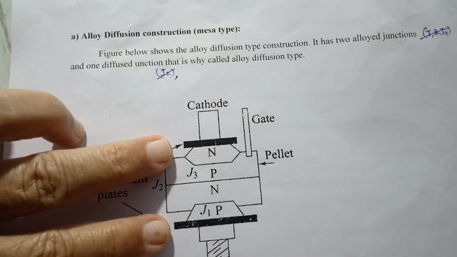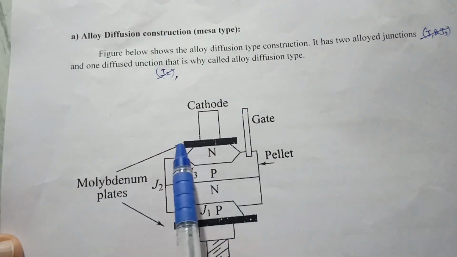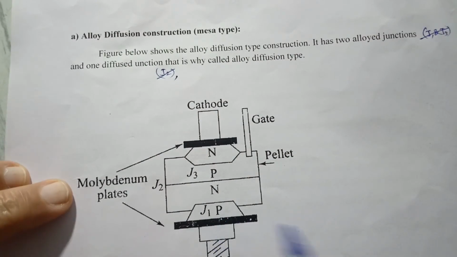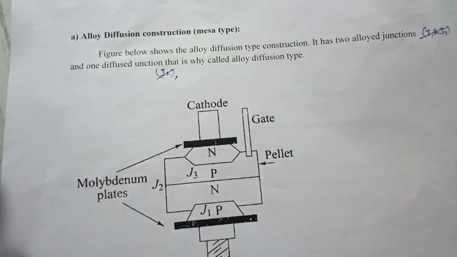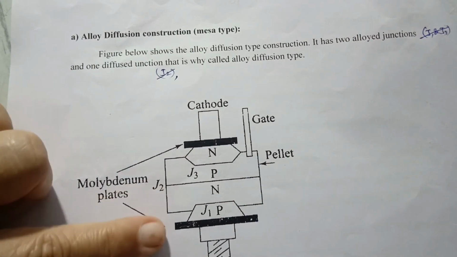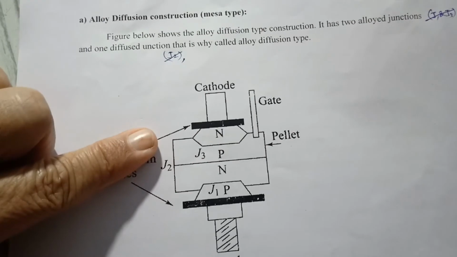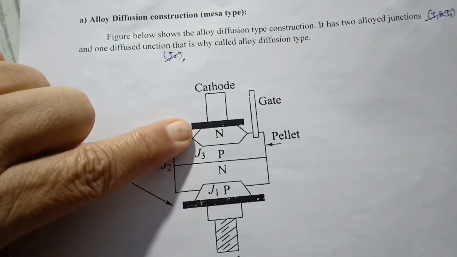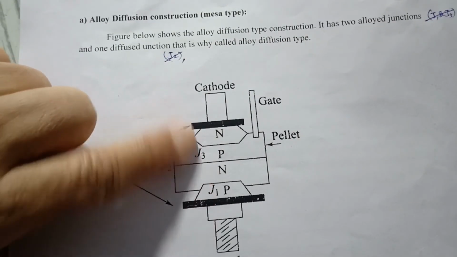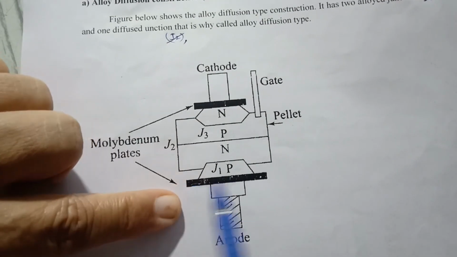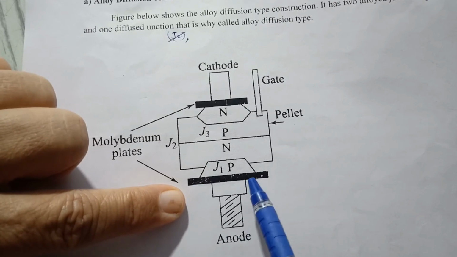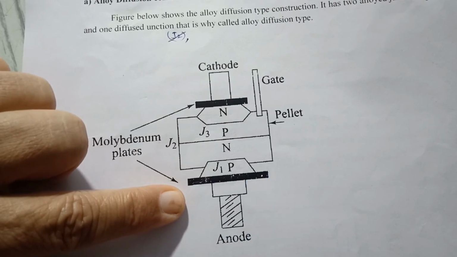Then this whole structure is braced between two metallic plates. It can be tungsten or molybdenum plates. Bracing means just fixing it, right? So they are braced for better mechanical support, and these metallic plates also allow large current through them. Then this anode plate is hard soldered to a threaded stud.